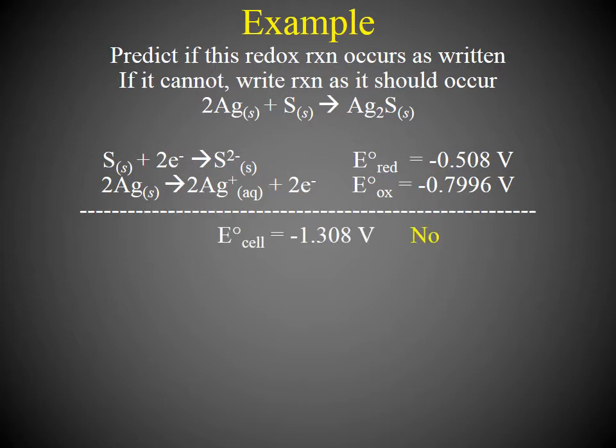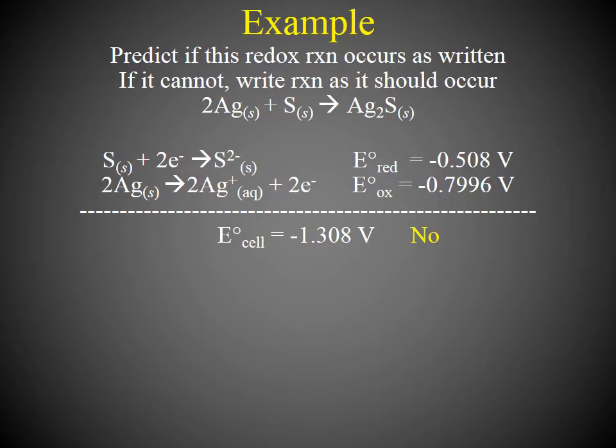Well, I add the voltage for these two reactions up, and I see that it's negative. Therefore, the reaction will not occur spontaneously as written unless I put some energy into the system, which I can do. This will be the topic of the next module, which deals with electrolytic cells.